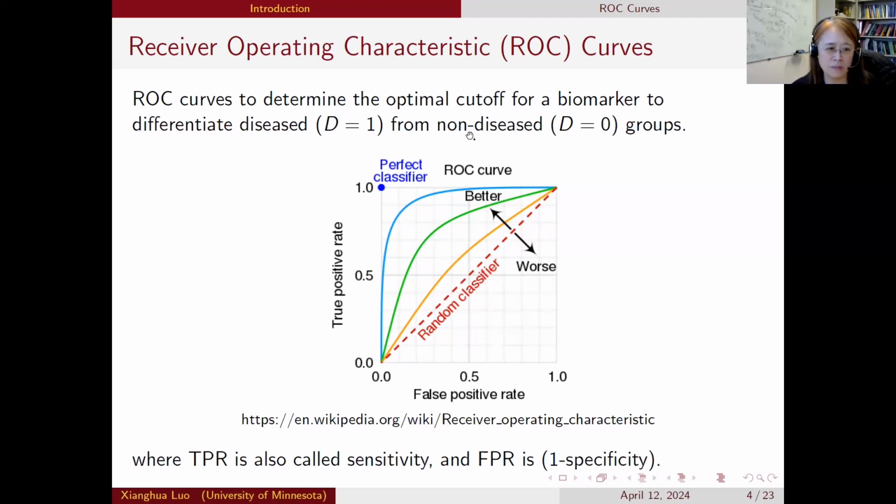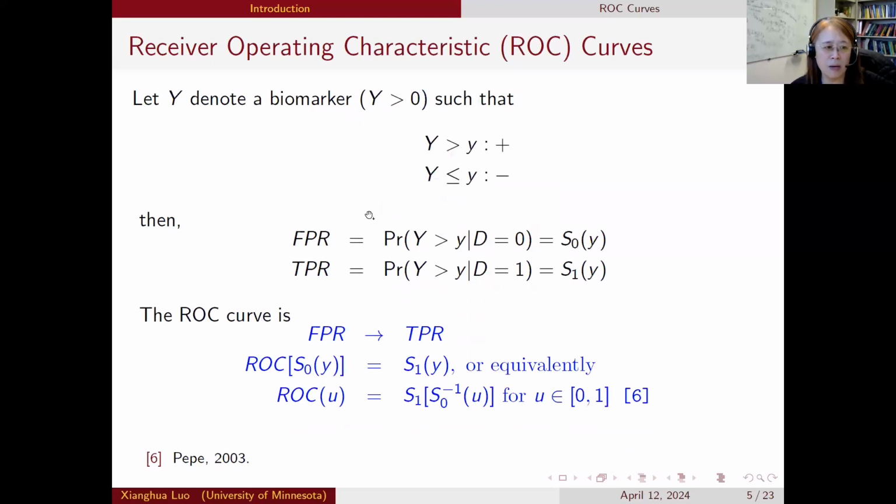So in the epi class, we use, say, D to denote disease status, and D equal to 0 for no disease, D equal to 1 for disease group. And for the continuous biomarker, I use Y to denote it.